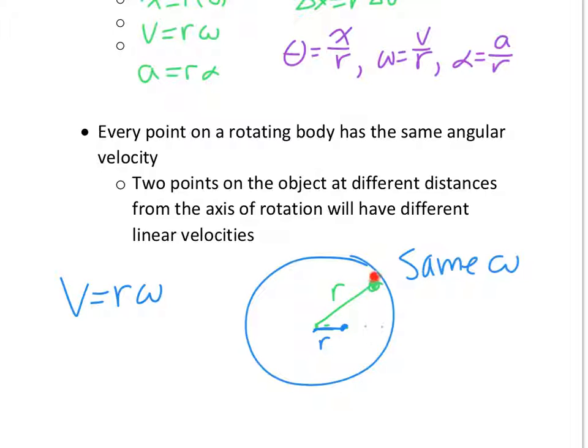Someone who's on the edge is going to have a larger linear speed. You're going to be going faster. Think of it this way, you're going to have more distance to cover in the same amount of time, so therefore you're going to have to be going faster. So it's important that you recognize they're going to have the same angular velocity but different linear velocities.